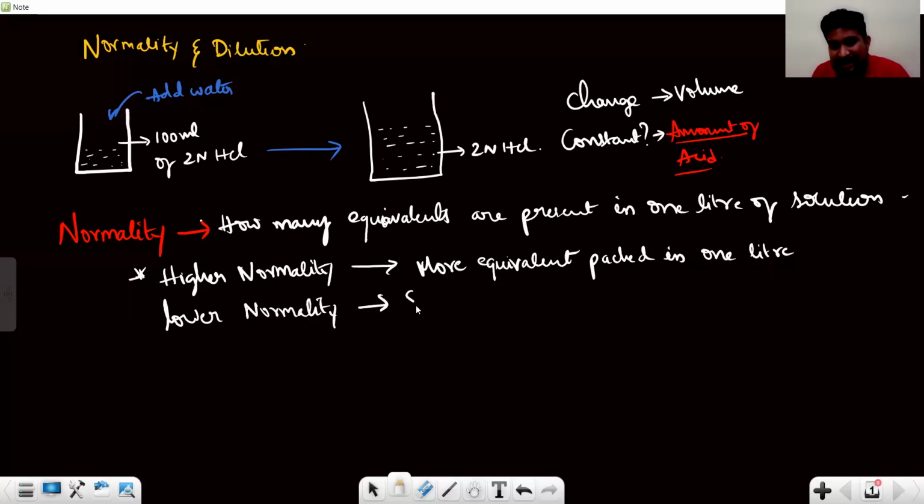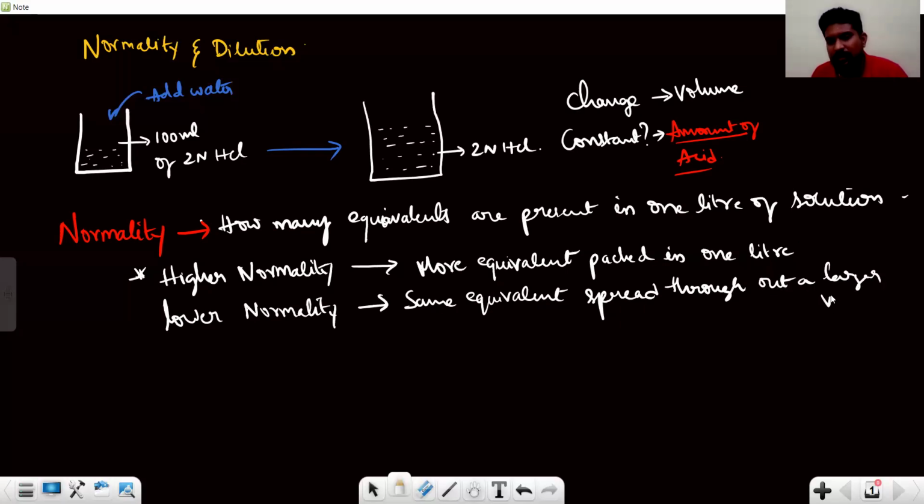Now look at here. The same equivalents spread throughout a large volume. So the same content of HCl was spread throughout the volume. Volume has been increased. That means the initial normality of HCl will be changed.